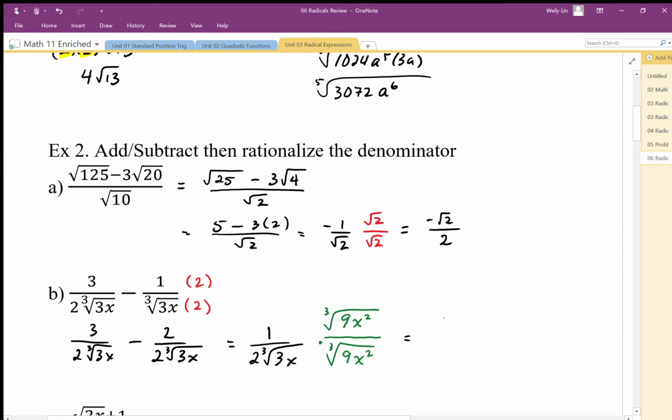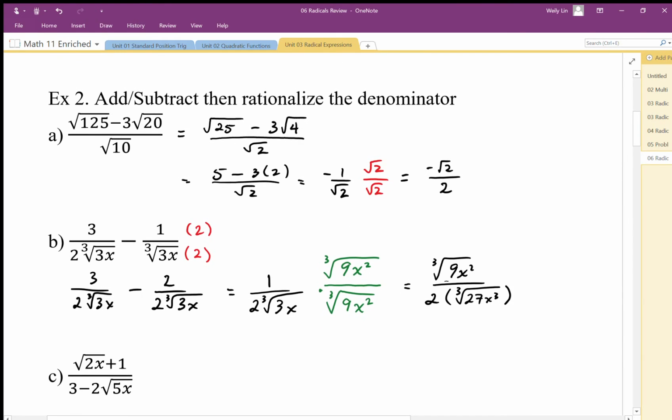And we end up with the cube root of 9x squared over the rational number of 2 times, this is going to end up being the cube root of 27x cubed. Okay, and then we can simplify that.